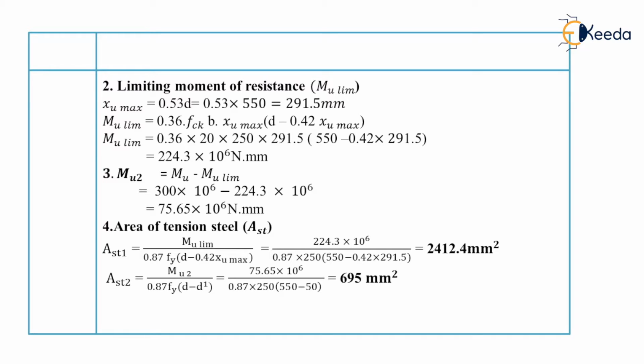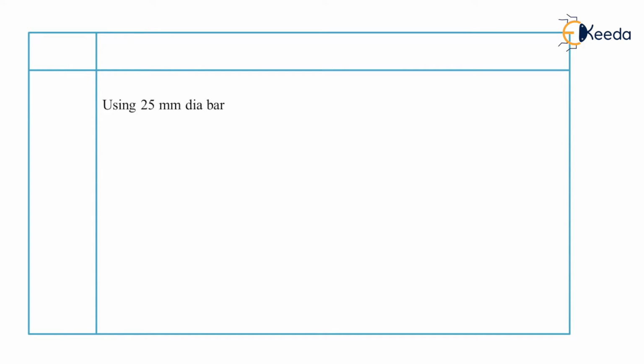Now here we know the value of Ast1, we got the value of Ast2, therefore total area of steel, that is Ast, is equal to Ast1 plus Ast2, and which is equal to 3108.1 mm square. Here we will assume 25 mm diameter bars, therefore number of bars required are total area of steel upon area of 1 bar.